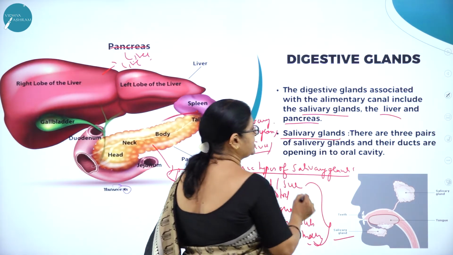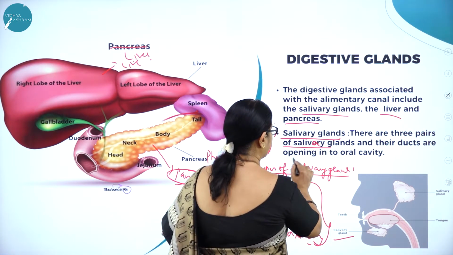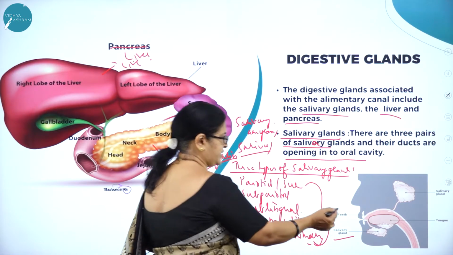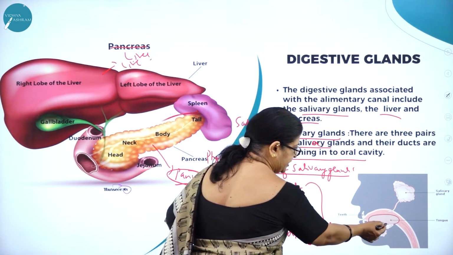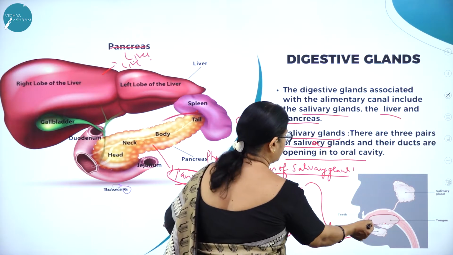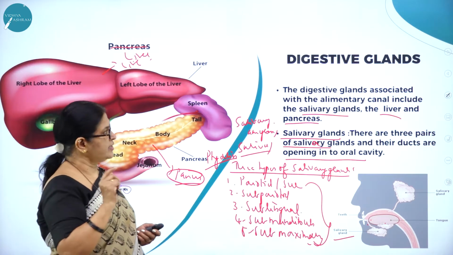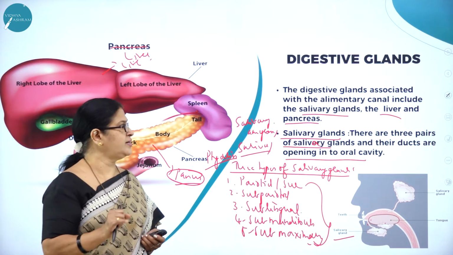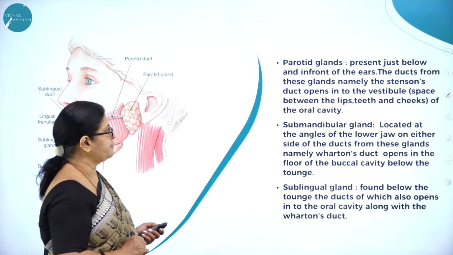There are three pairs of salivary glands, and their ducts are opening into the oral cavity. So three very important associated digestive glands are the liver, pancreas, and the salivary glands.